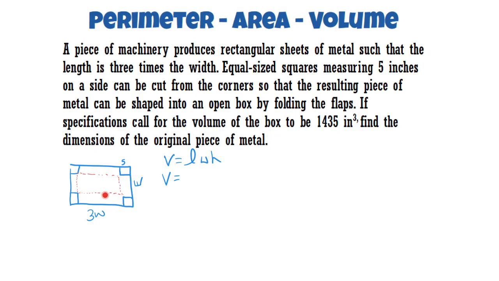Well, it would be this length right here, which used to be 3W, but I cut 5 out of each side. So now it's 3W minus 10. So there's your length, 3W minus 10. What do you think your width is? It is W minus 10.